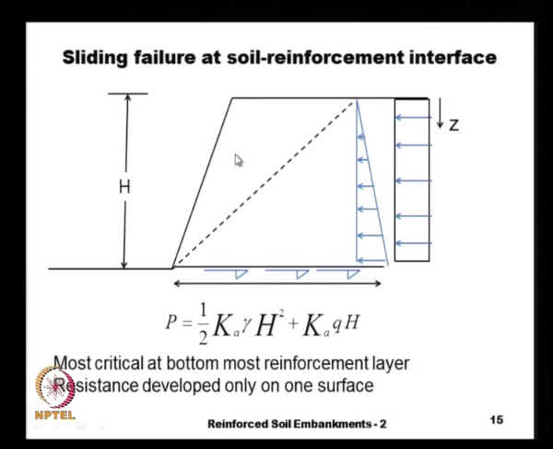If our reinforcement lengths are different at different depths, then we may have to check at all the depths, but usually we provide equal length of reinforcement in the slopes, because from the construction point of view that is easier.